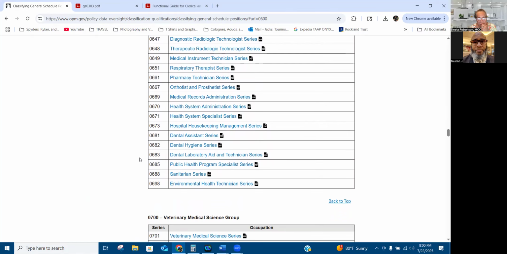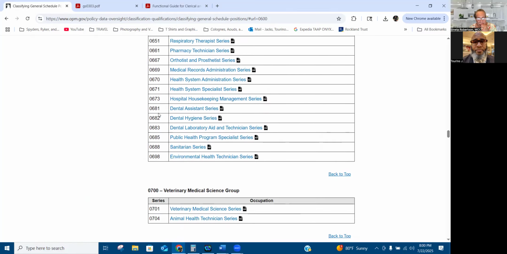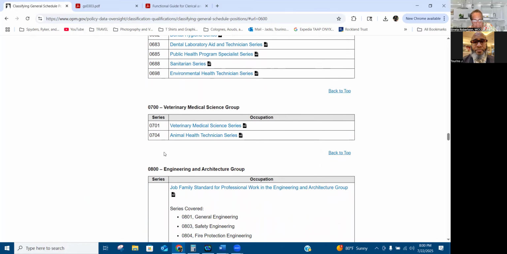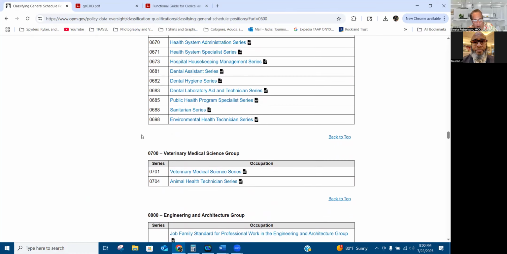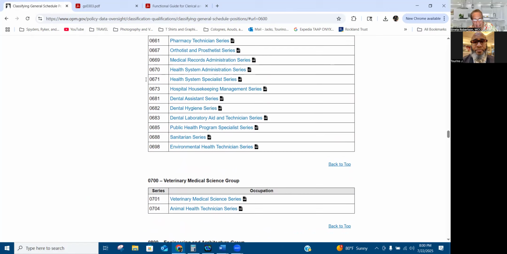See, most of these are using either the word technical or clerical in it, which is good. But something like this can throw the whole thing off. Unless you click on it and it says it's a specialist, we know that's administrative.